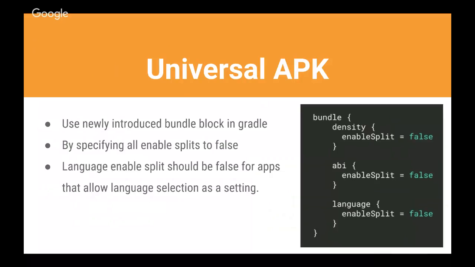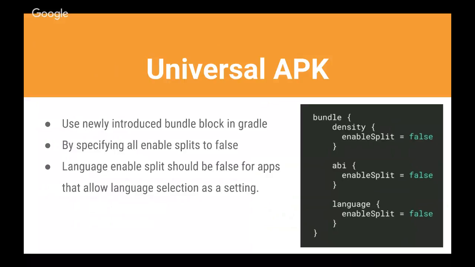Now, some of the developers have been asking us questions like, what happens if I want to generate an APK, which is either a universal APK, which contains everything, like I'm generating it today, or what if I don't want the splits based on architecture or language?